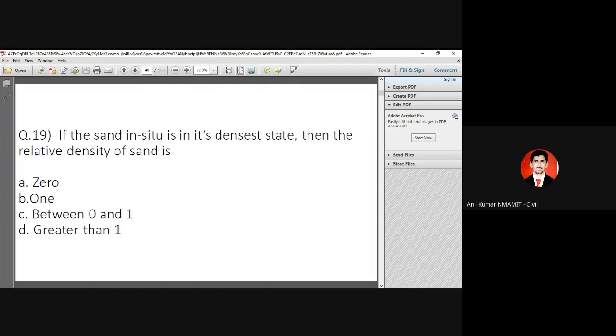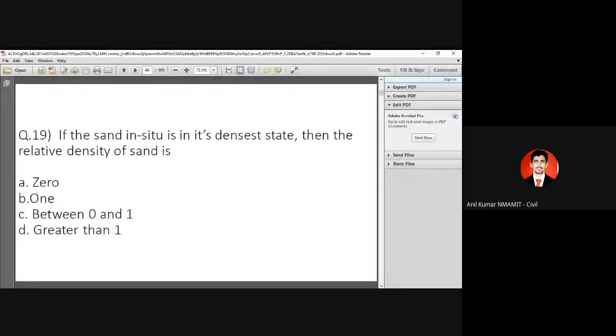What happens? Others. Relative density is what? e max minus e divided by e max minus e minimum. Yes, others.